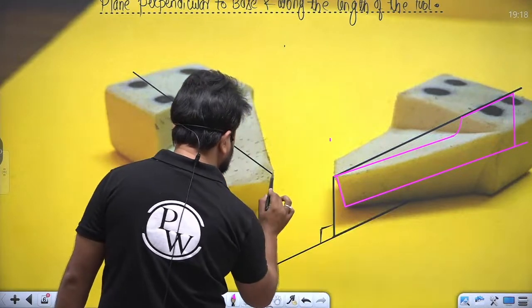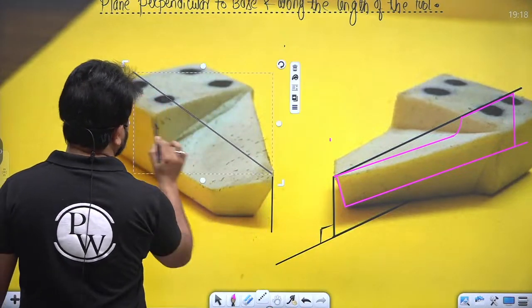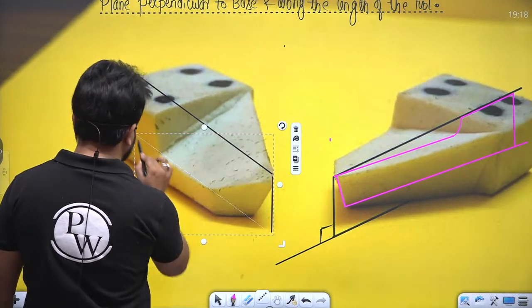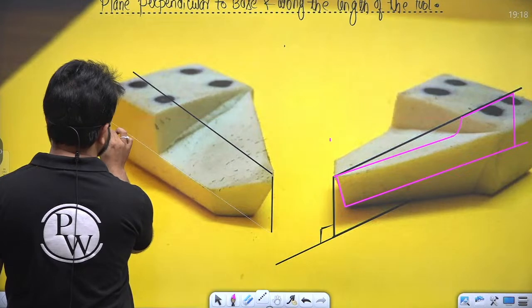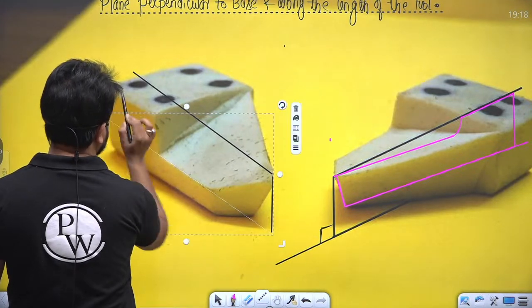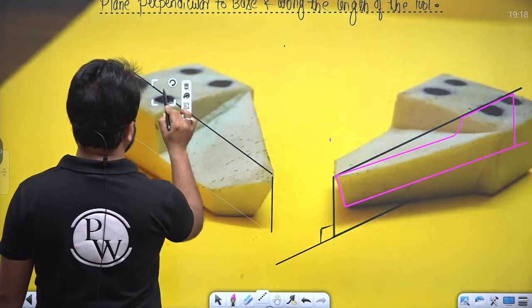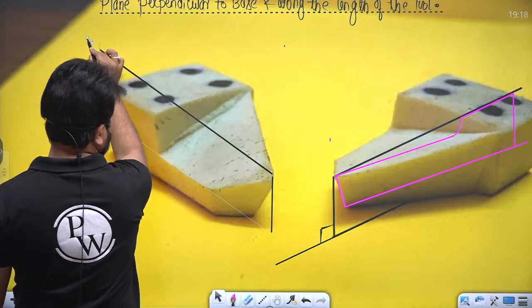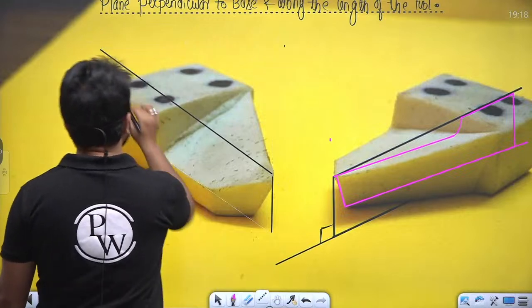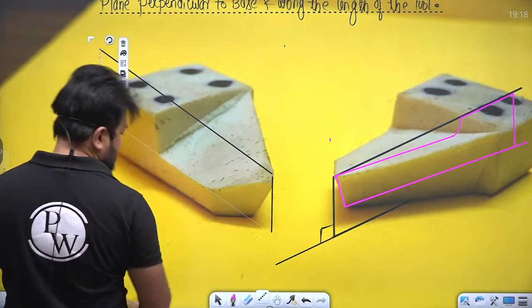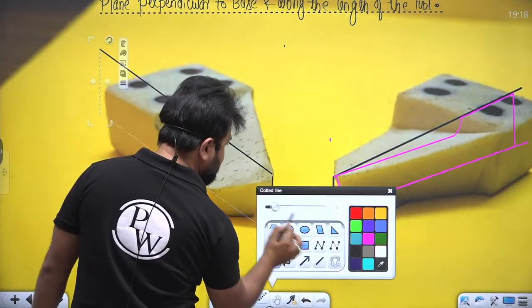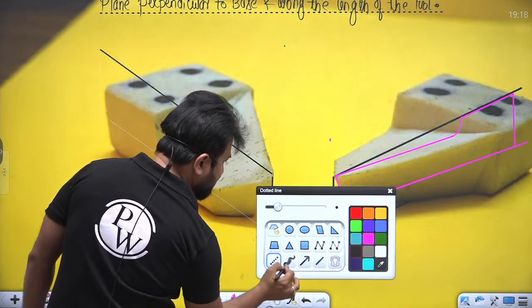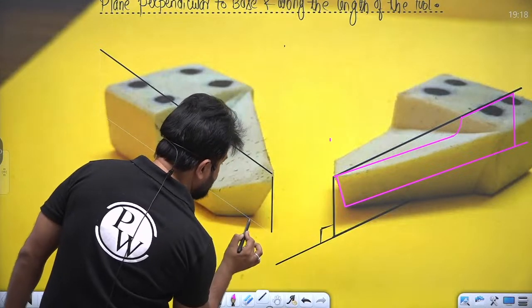Okay, I'm talking about this plane. You see here, please try to understand this plane which I have drawn here. Please see the plane.